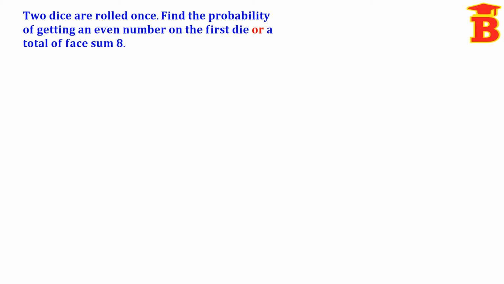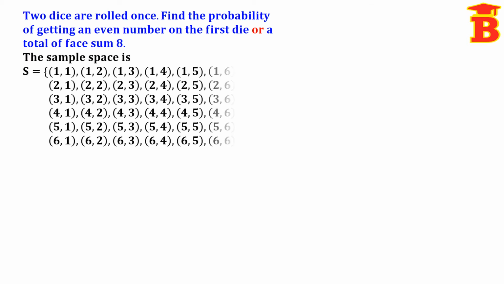So the first event take it as A, second event take it as B, and then use the formula. 2 dice are rolled. So we write the sample space S equal to (1,1), (1,2), etc., up to (6,6). There are 36 possibilities. Therefore, n(S) equals 36.